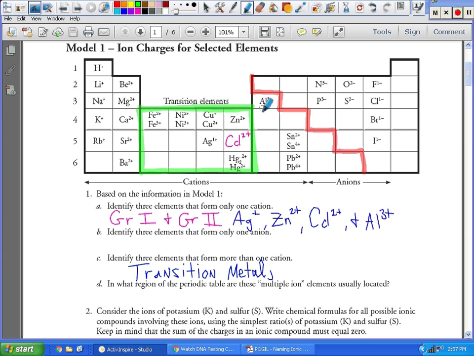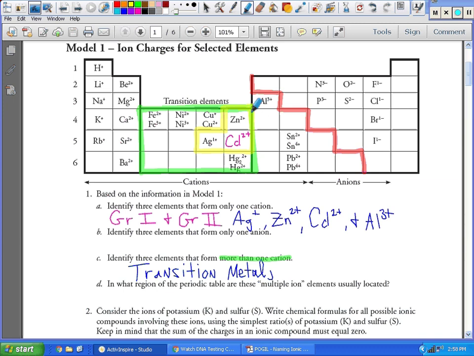Now, are there any elements inside of that box that do not form more than one? Yes. Who are they? Do you agree that those 3 do not form more than one charge? Yes. Do you remember 5 minutes ago, I told you that transition metals have to have what in their name? Roman numerals. But then you also wrote there are how many exceptions? Who are your 3 exceptions?